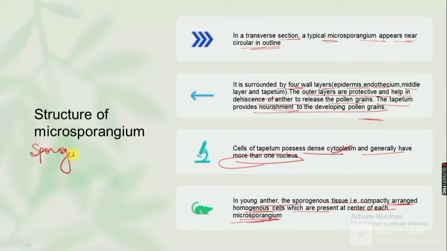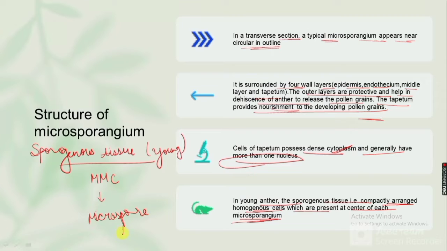When the sporogenous tissue is young, the mother cell divides and develops into microspores, and from microspores pollen grains are developed. When pollen grains mature, they lead to the dehiscence of the anther.